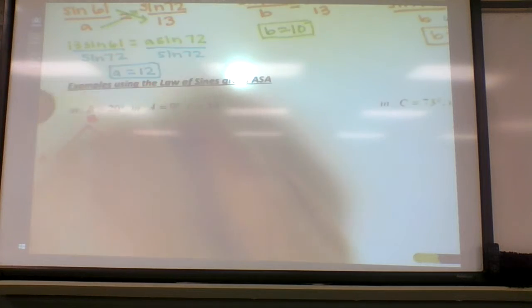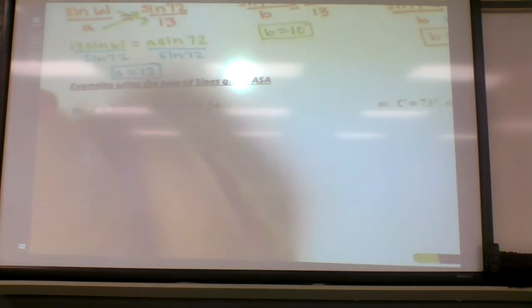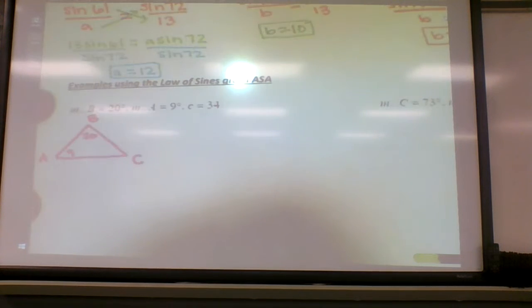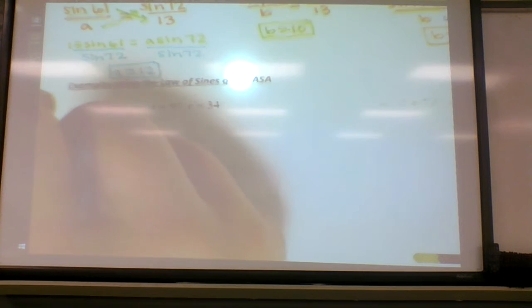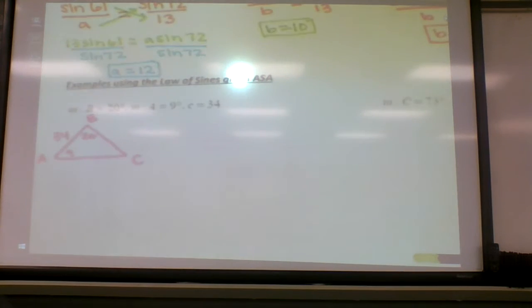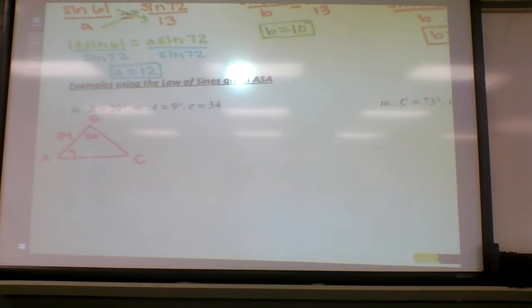A, B, C. A is 9. Angle B is 20. And little c is 34. So here is our angle, side, angle happening.